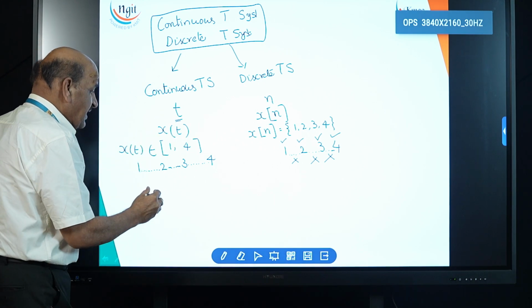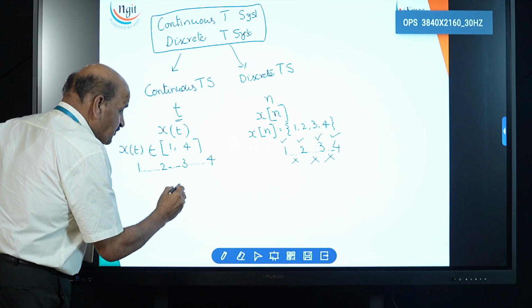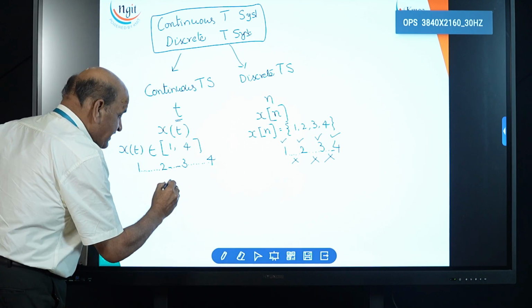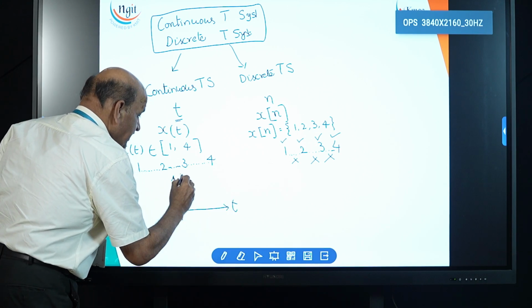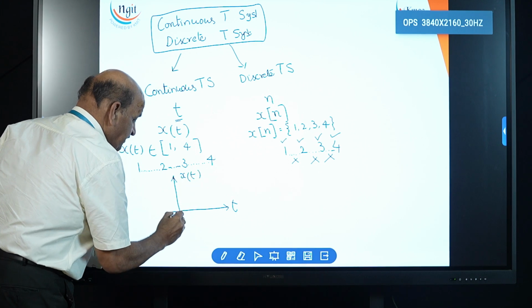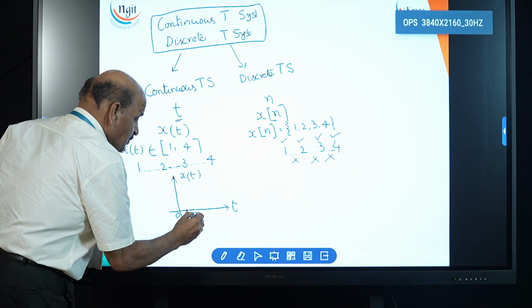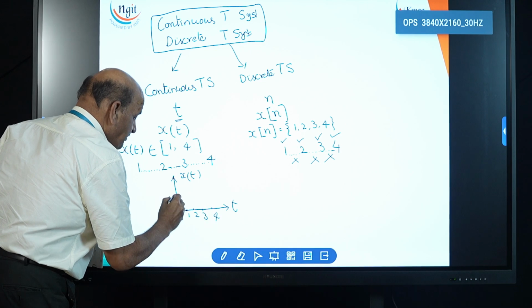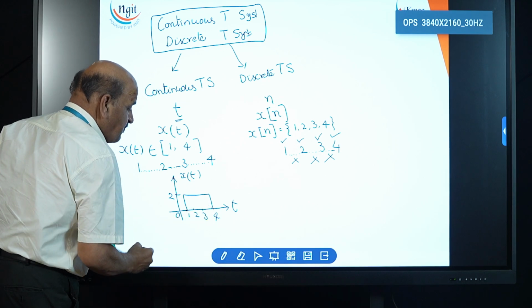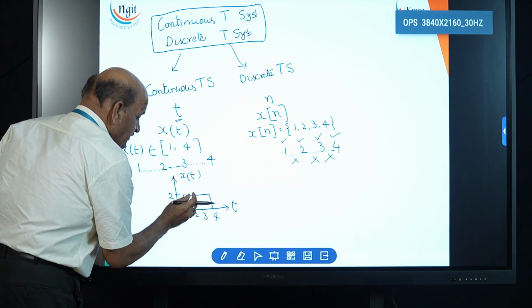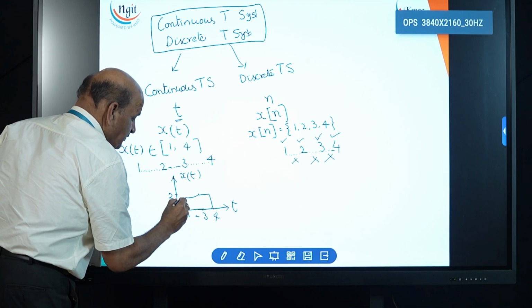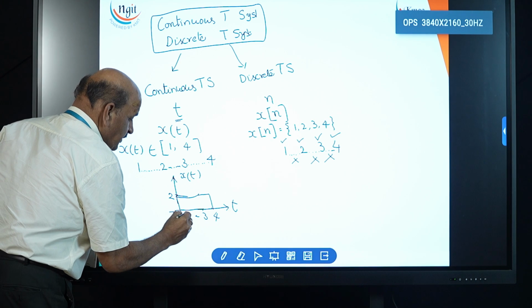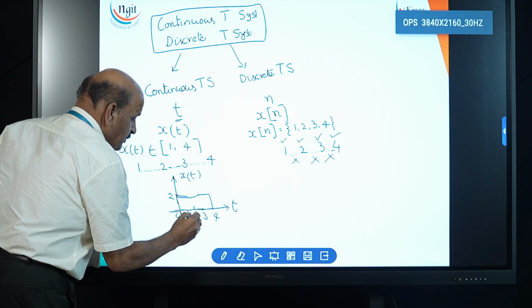The third difference is in the graph sketch. For example, this is t, and here we make it x of t. Here this is 0, for example, 1, 2, 3, 4. The amplitude is, for example, 2. So the graph will be represented like this, with 0, 1, 2, 3, 4.